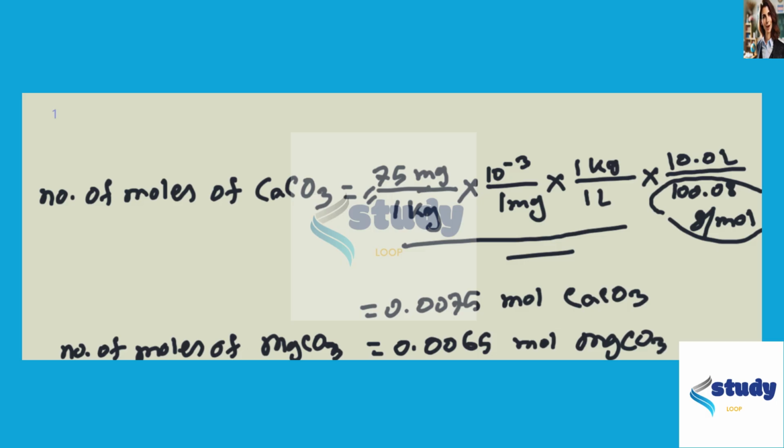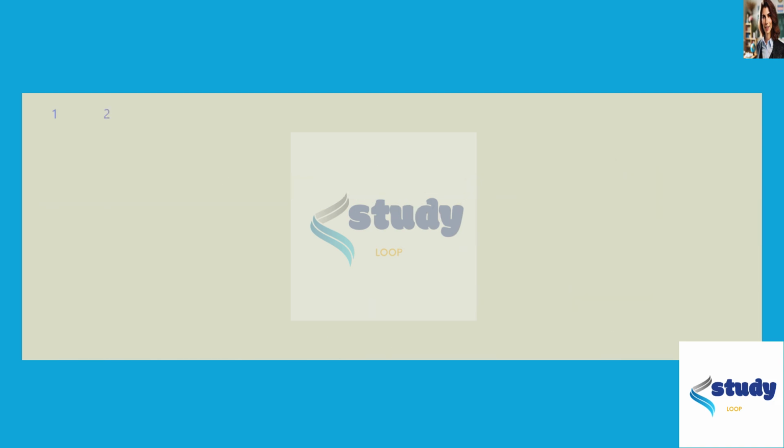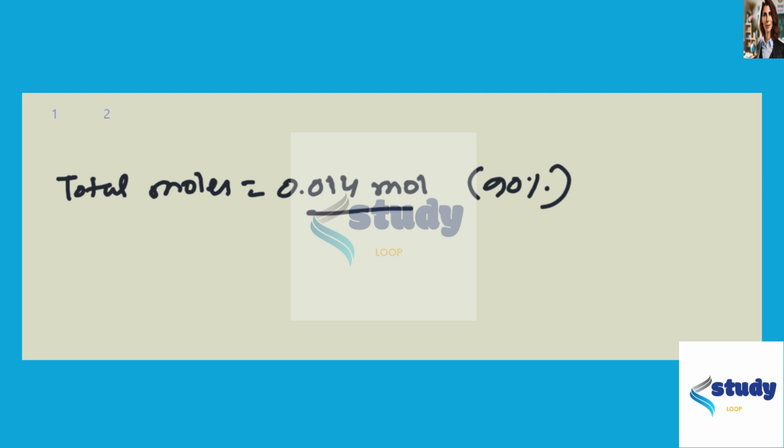And now we have to calculate the total moles, which is the sum of those two moles, 0.0075 plus 0.0065, and the sum will be 0.014 mole. What we have to do here is remove 90% of this number of moles.